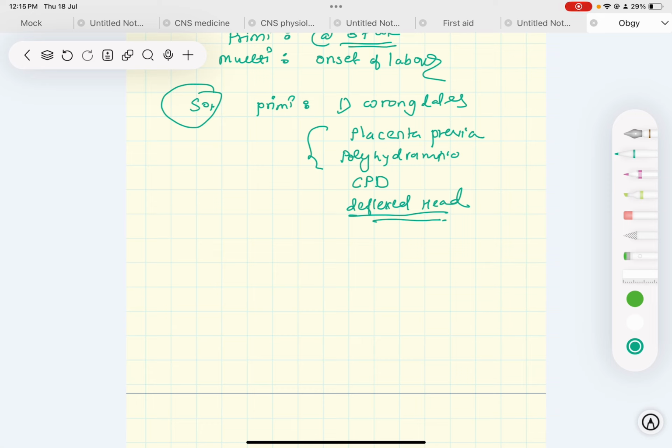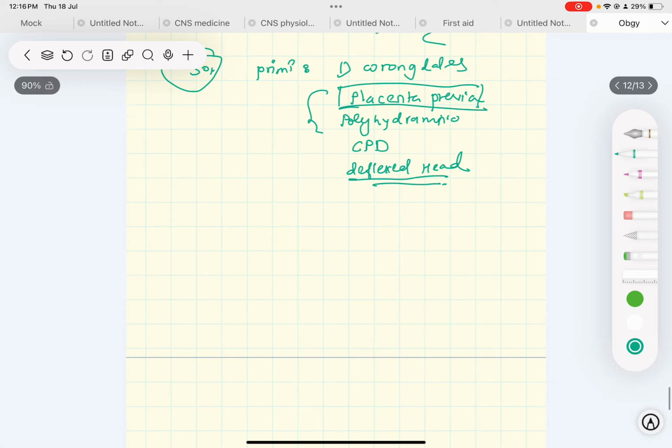So when the head is free floating, before you do a PV examination, you have to rule out placenta previa, because in placenta previa you can't do PV examination, it is contraindicated.